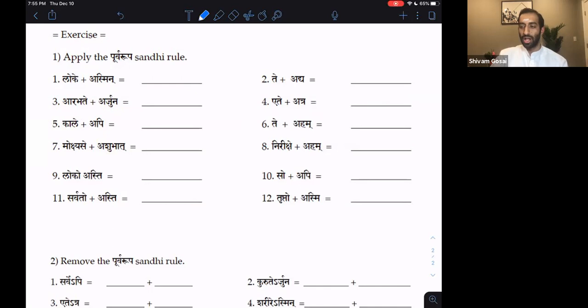Let's look at number 9. Loko plus asti, lokosti. Sarvato plus asti, sarvatosti. I hope we're getting the example.